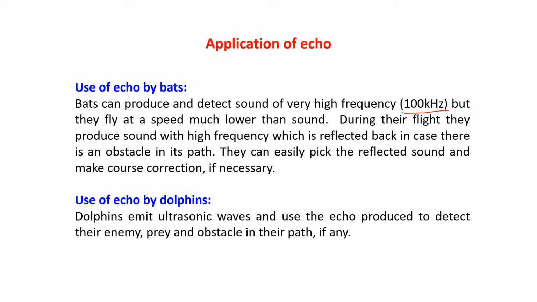During their flight, they produce sound with high frequency which is reflected back in case there is an obstacle in its path. And they can easily pick up the reflected sound and make course correction if it is necessary.